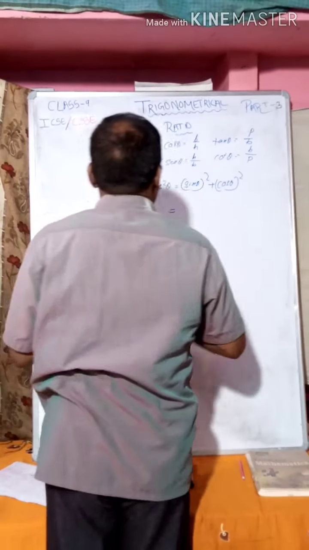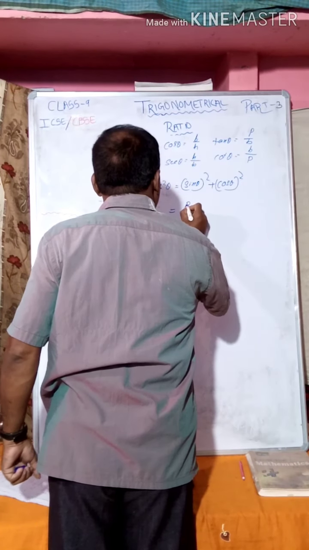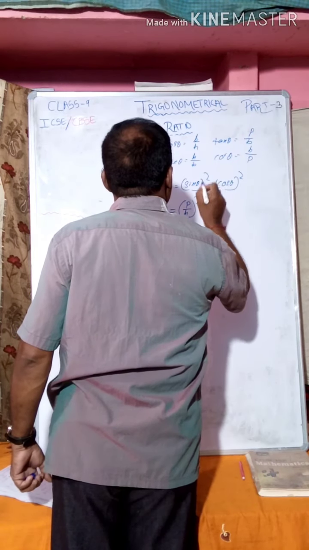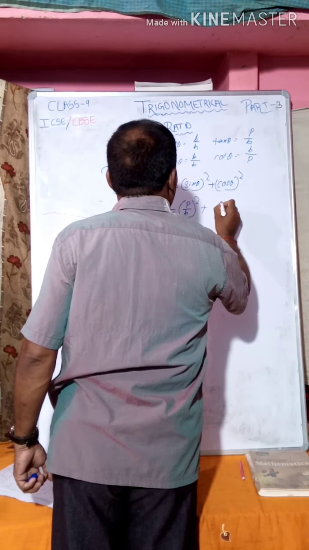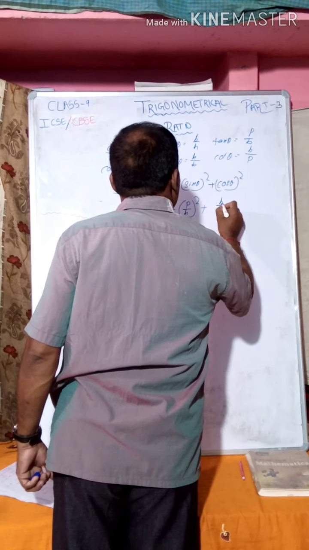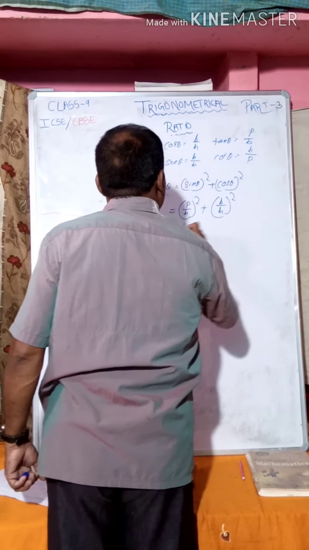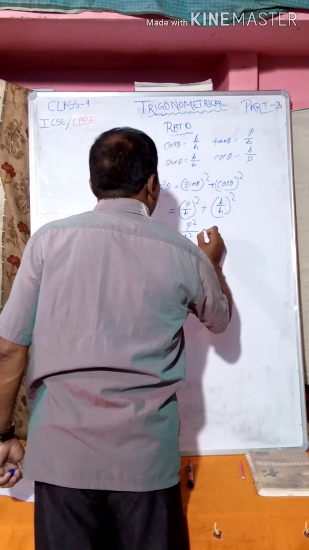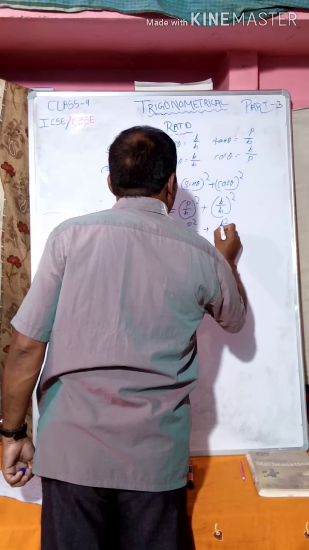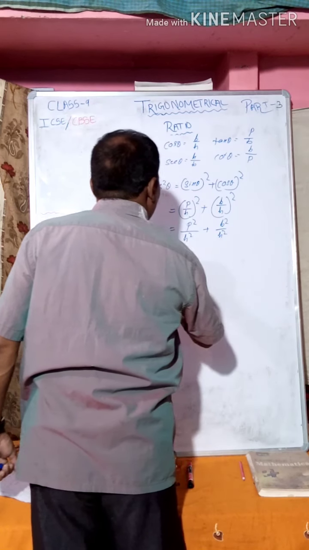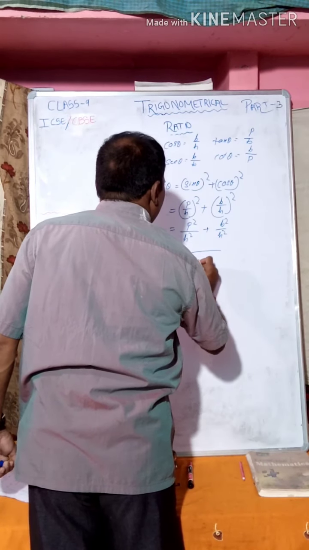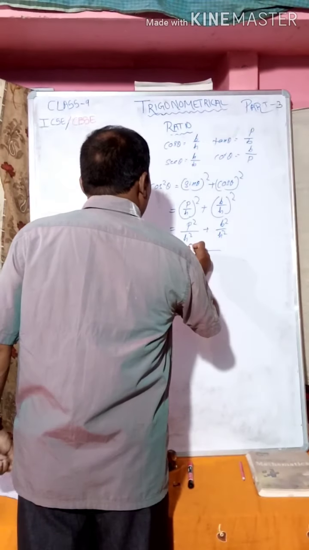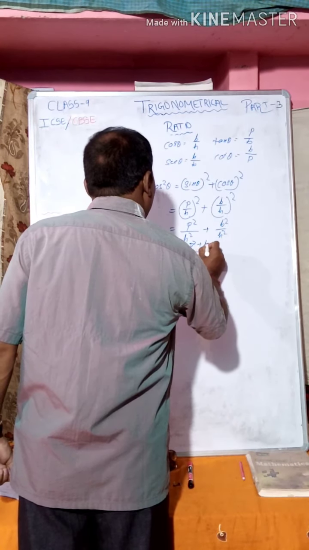p by h. So p upon h whole square plus cos theta, b upon h whole square, that is equal to p square upon h square plus b square upon h square. Take LCM h square and in the numerator p square plus b square.